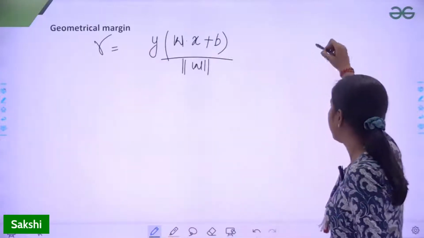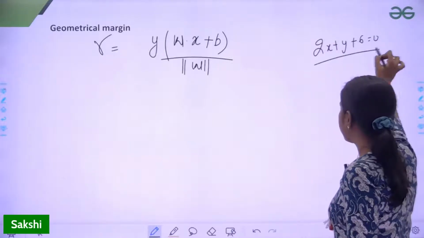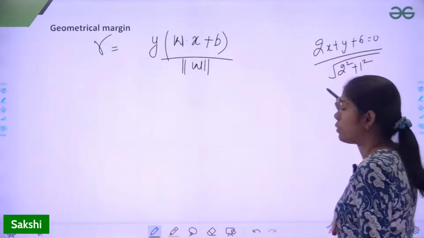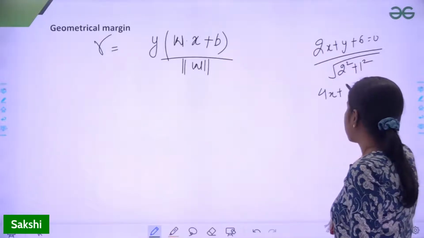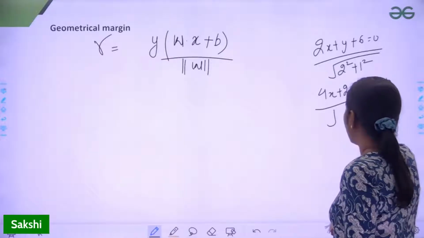Let's suppose we have 2x plus y plus 6 equals 0. It gets normalized by the square root of 2 square plus 1 square, that means the square root of 5. And if I have 4x plus 2y plus 12 equals 0, and I normalize this, what does it become?